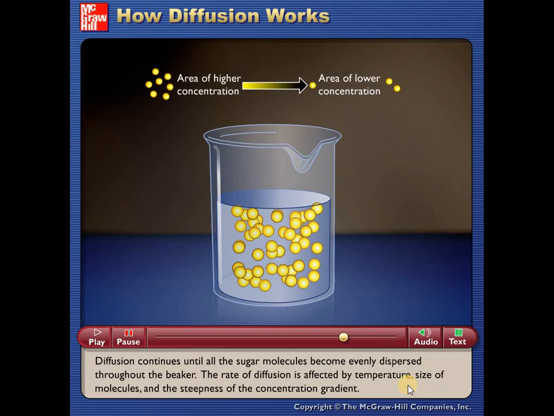That's why sa ating body, most of the polymers or mga tinatawag natin na mga macromolecules ay bine-break down into simpler molecules. Kasi mas madaling i-diffuse, guys, yung mas maliliit na molecules kaysa doon sa mas malalaki. Just like, for example, yung starch, bine-breakdown pa natin siya into glucose para lang ma-absorb ng ating katawan.